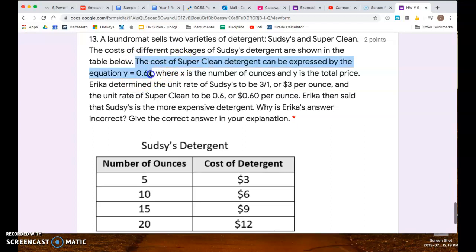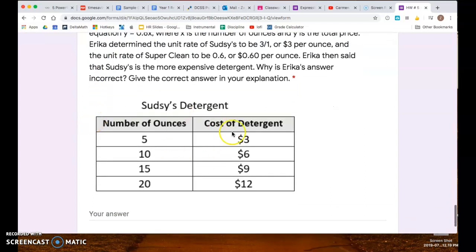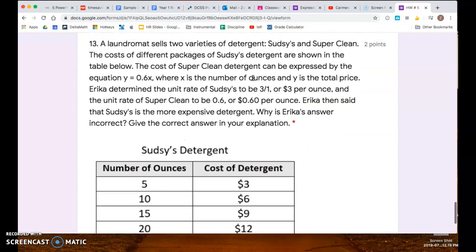One cost of this kind of detergent, Super Clean, is represented by this equation, where we know that 0.6 is the slope. Sudsy's detergent is shown in the table below. So in this table, you can also find the slope. So you know the change in y from 3 to 6, and the change in x from 5 to 10. So that should help you start thinking about what to do with problem 13.